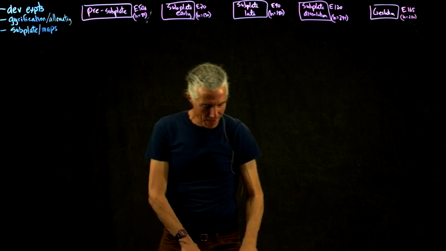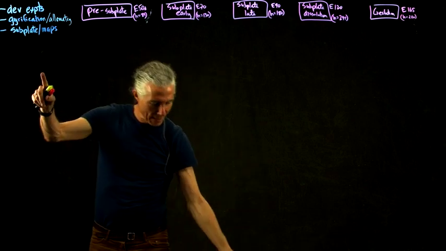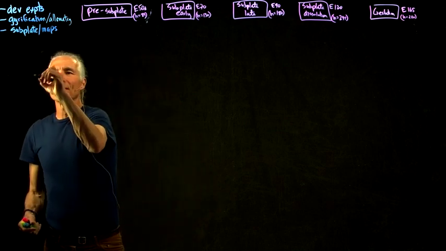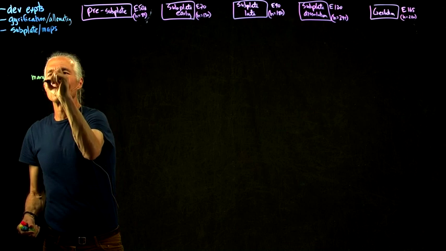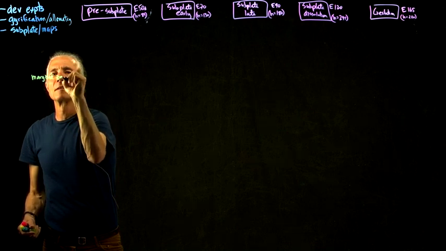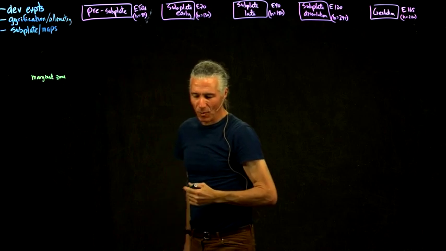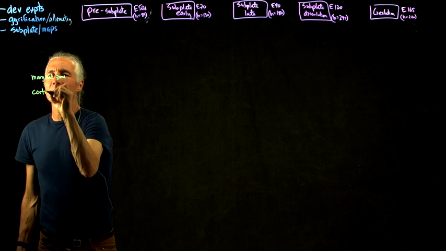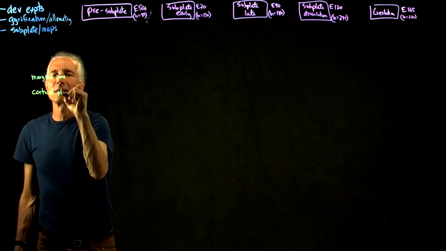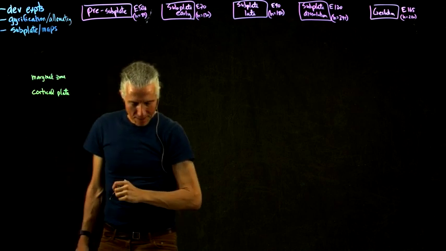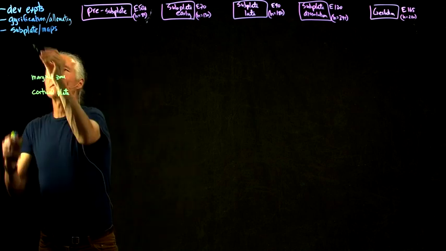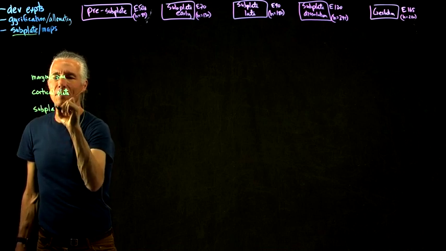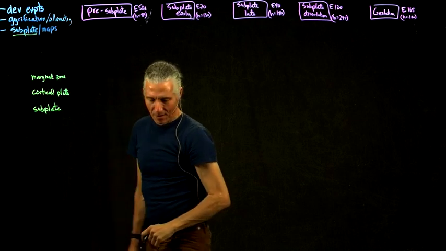So let's start off, on the right side here, with all the different zones we're going to talk about. We have the marginal zone, which is basically layer 1. Then we have the cortical plate, and that's normally what you would think of as the cortex. Then we have the star of the show, the subplate, which sort of is underneath the cortical plate.